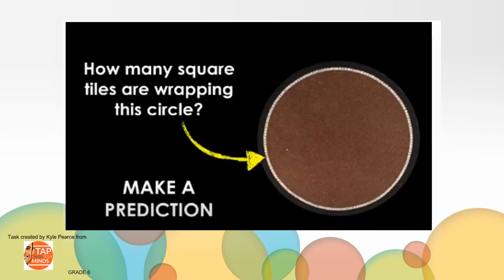In a moment, we'll use what we've learned about circumference to help us figure out exactly how many square tiles the designer had to buy. But first, go ahead and make a prediction. What do you think might be a reasonable estimate for the number of square tiles that were needed to wrap around the circle?